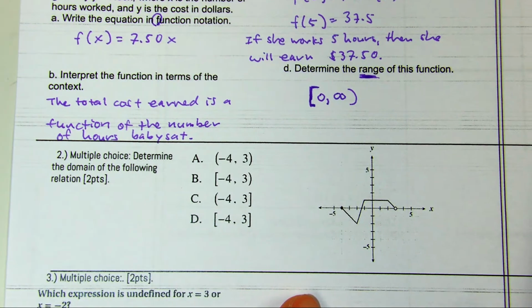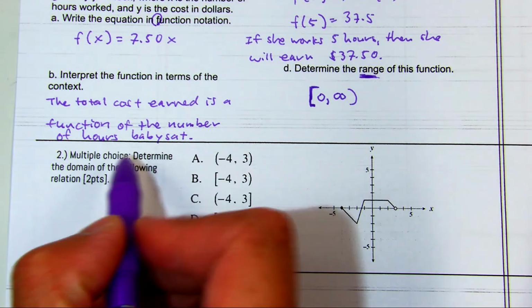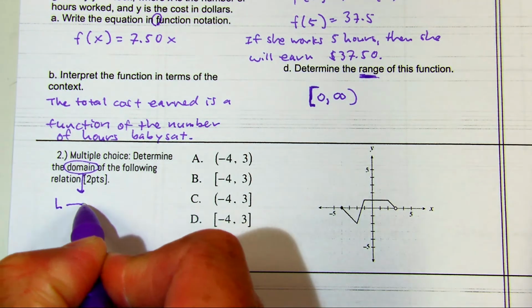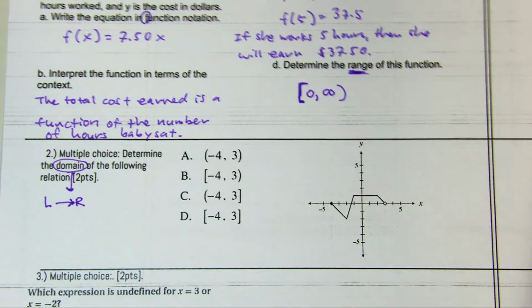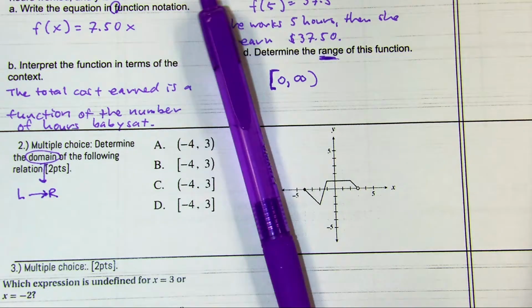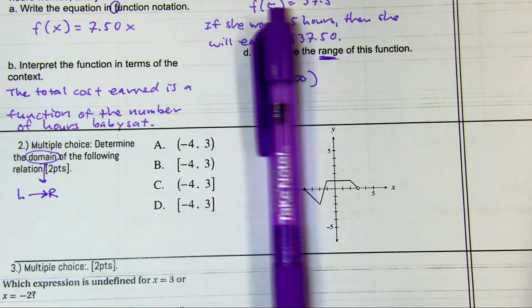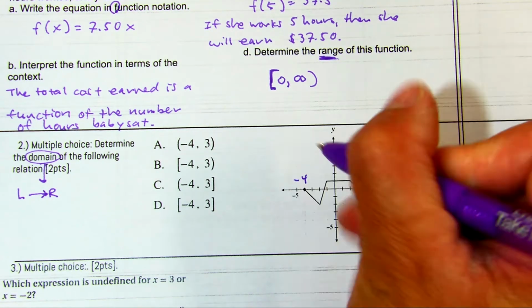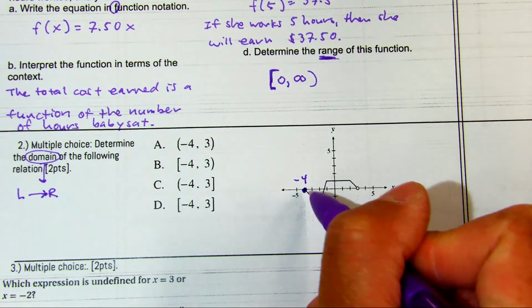Question number 2. Determine the domain of the following function. Remember, domain is going in the direction left to right. So if I look at this graph, and I move my pen from left to right, the first thing I touch is here at -4. Now, this is a closed circle, which means that it should be a bracket.